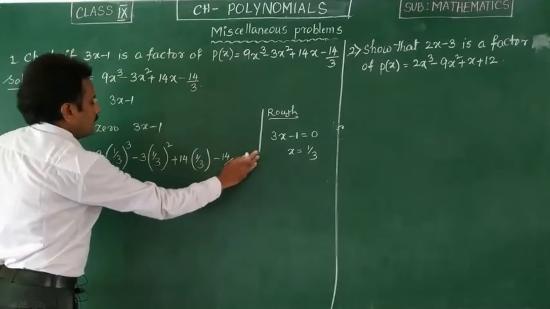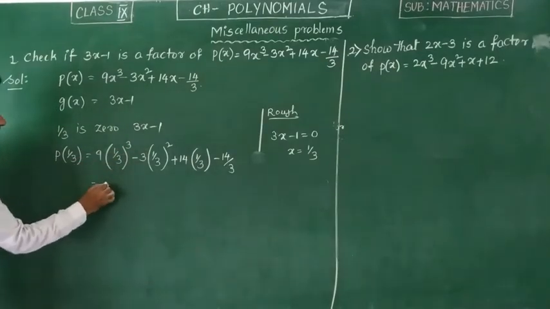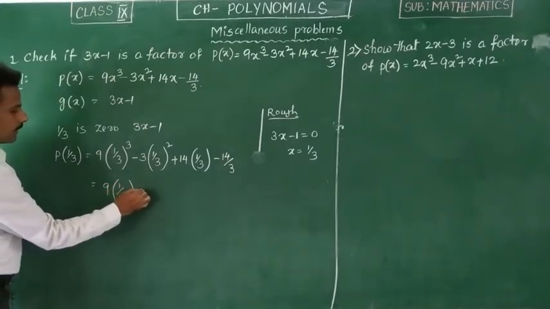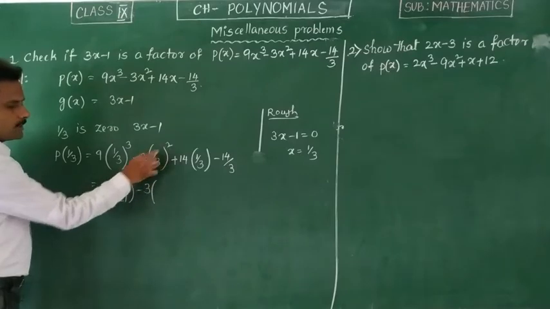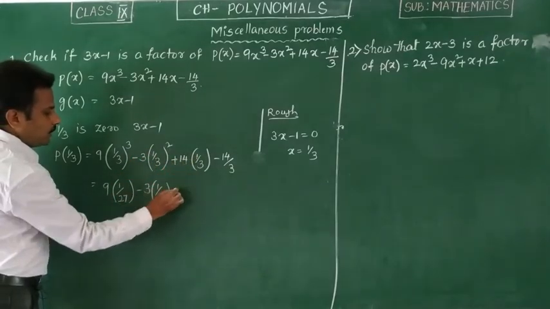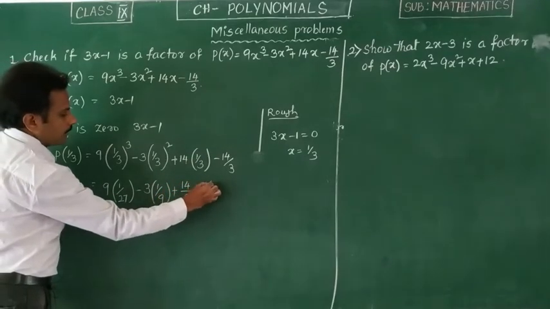After substituting 1 by 3 in the place of x we have got this. Now let us simplify this. 9 multiplied by 1 by 3 whole cube is 1 by 27, minus 3 into 1 by 3 whole square we get 1 by 9, plus 14 into 1 by 3, 14 by 3, and minus 14 by 3.